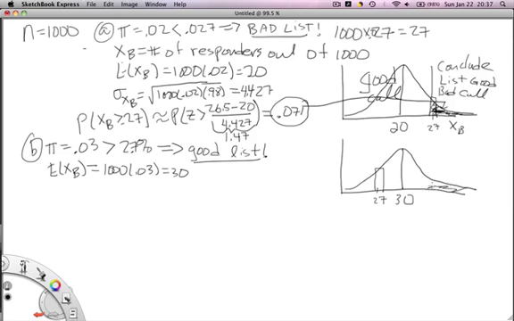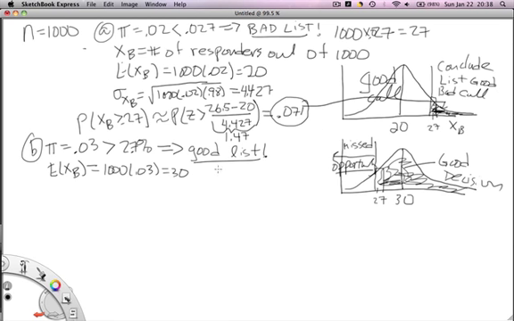So what we're going to do is evaluate this area. All of this area in this case is a good decision. Everything to the left of here is a missed opportunity. So we missed the opportunity to buy these names and make profit.